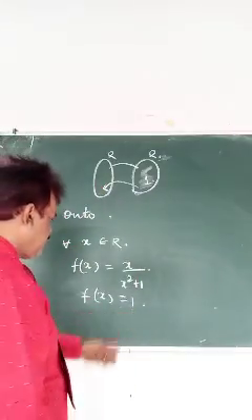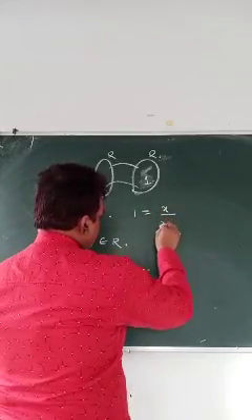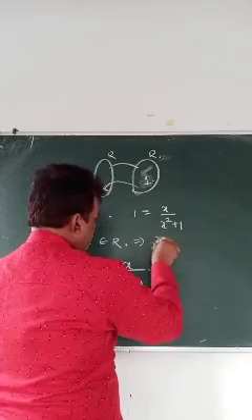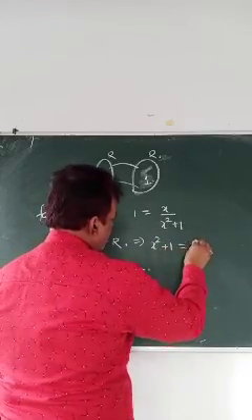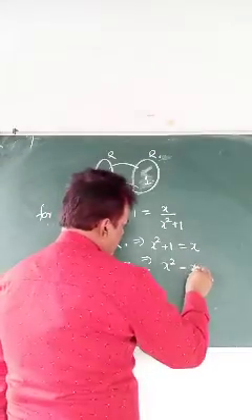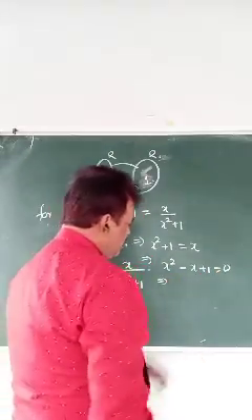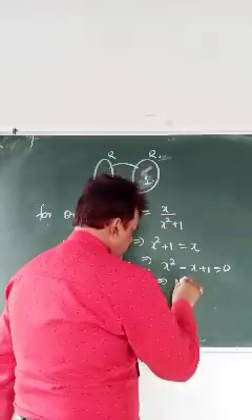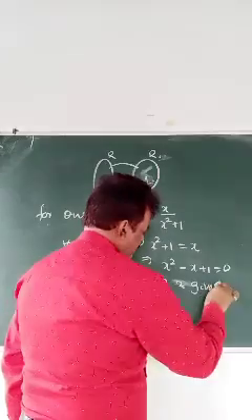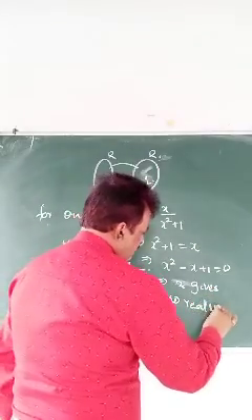That means I can write 1 equals x by x square plus 1, implies x square plus 1 equals x, implies x square minus x plus 1 equals 0. This, you remember, gives no real values of x.